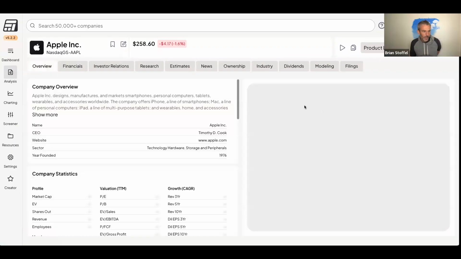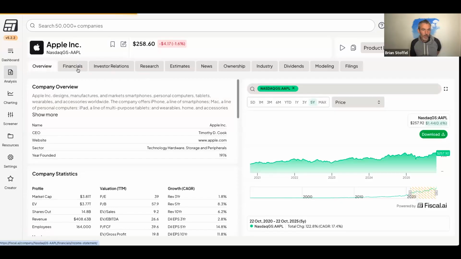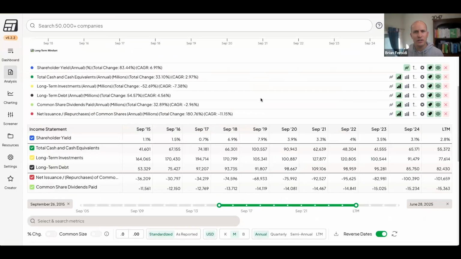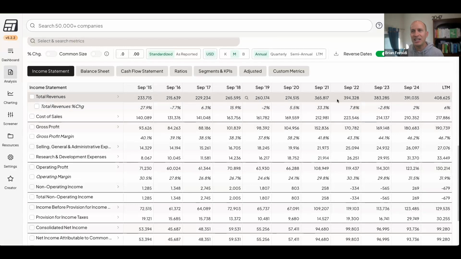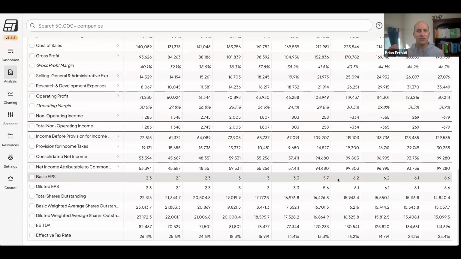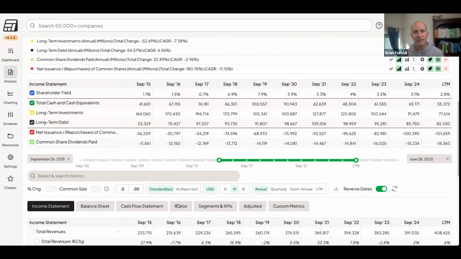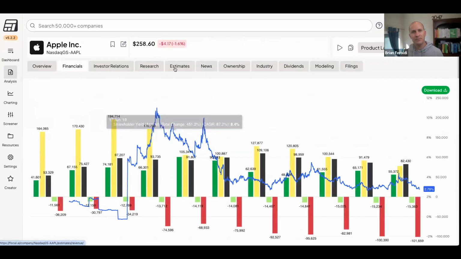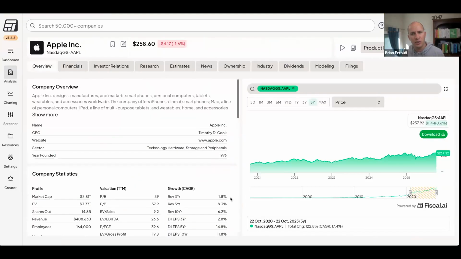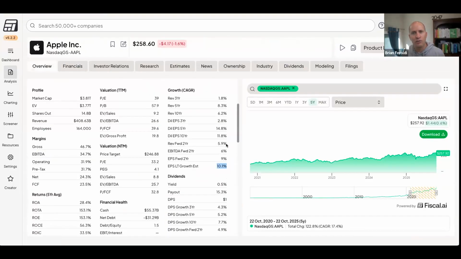I thought it was 5, but they recently changed it. Yeah, so this is what the free version shows. 10 years of super high quality data. What you don't get is the estimates in the free version, but you do get the estimates on the overview page.